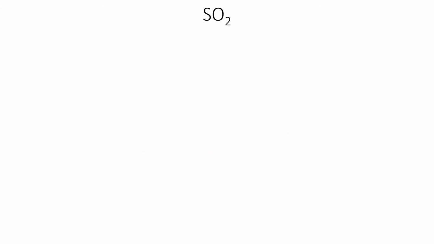So if we go back to thinking about SO2, I'm going to go to that point before we made the double bond. If you look back, we had a situation like this. Here's our structure. We then had our lone pairs in.